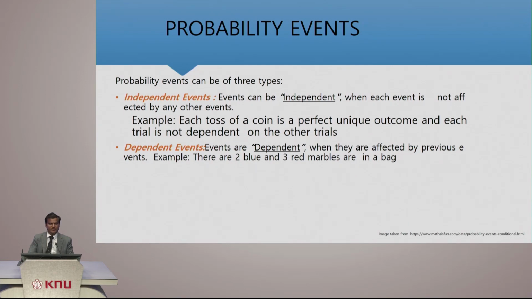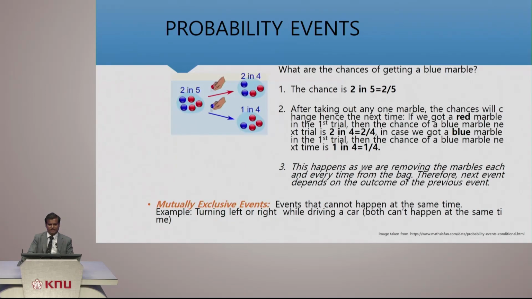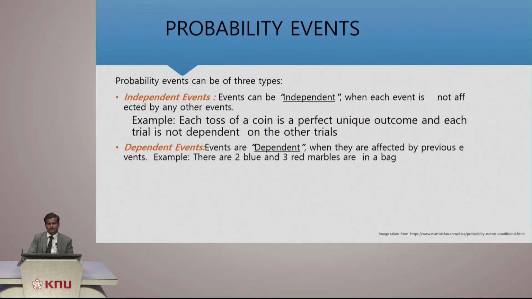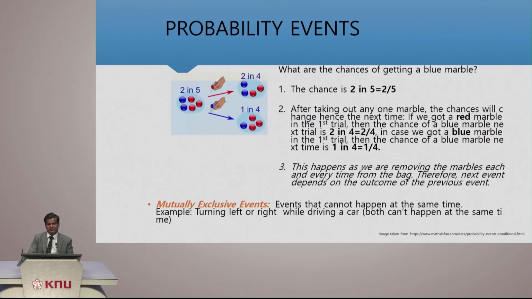When it comes to dependent events, events are dependent when they are affected by previous events. We are going to look at some examples of how this can happen. So here it is. There are 2 blue marbles and 3 red marbles in a bag, just like you can see here.